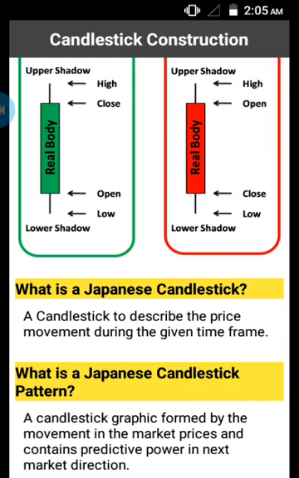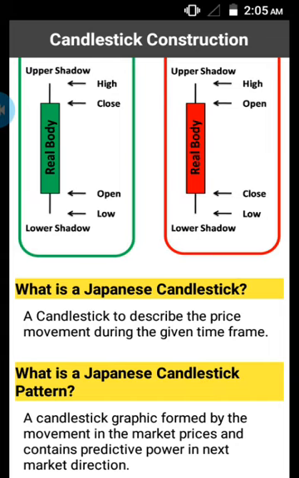Now let me give you the two types of candlesticks. We have the bearish candlestick and the bullish candlestick. For the bearish candlestick, most traders use a red color to identify it.